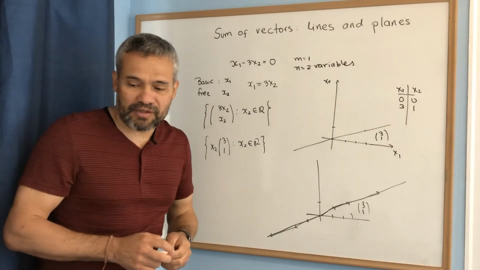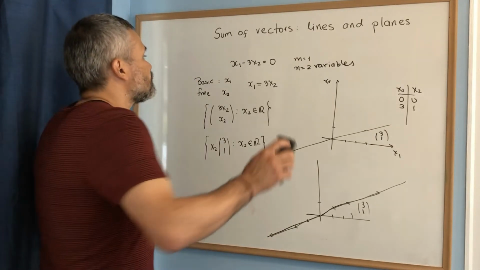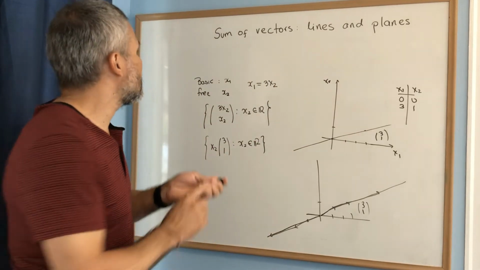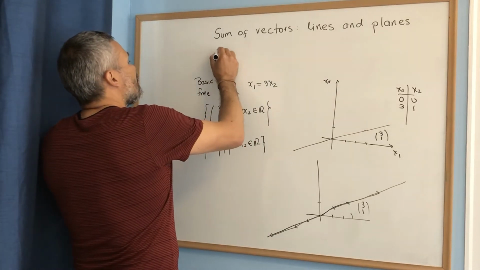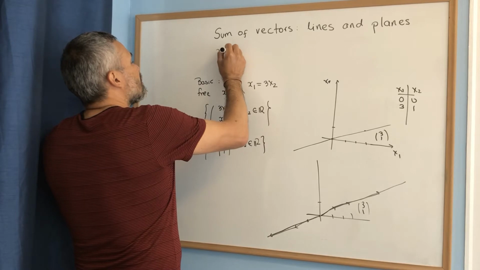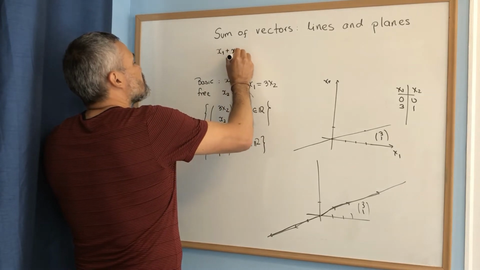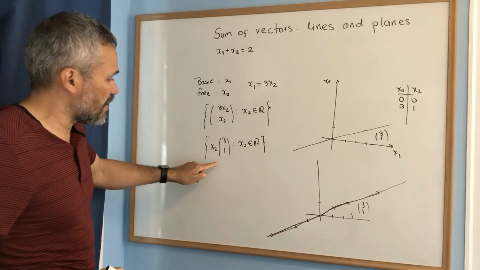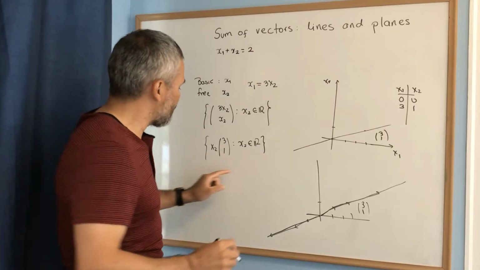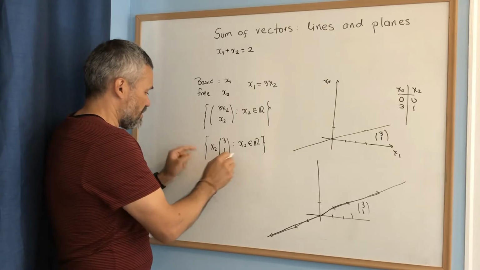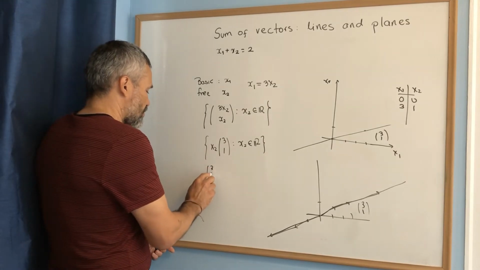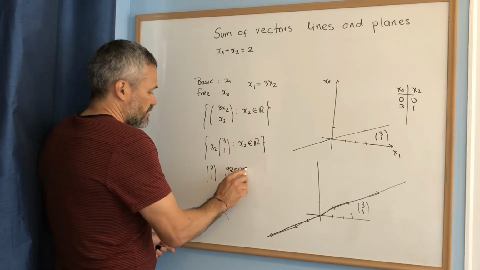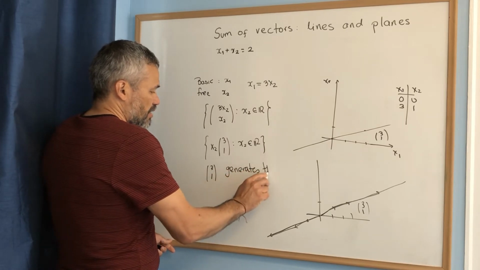Let's do another example. What happens if we have this equation? x1 plus x2 equals 2. I forgot to say that in this case, when we are describing the line in this form, we will say that 3, 1 generates the line.